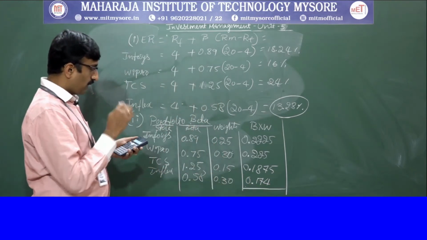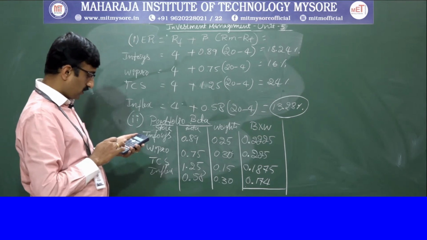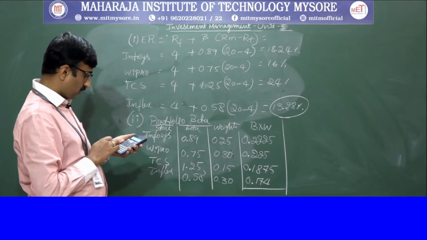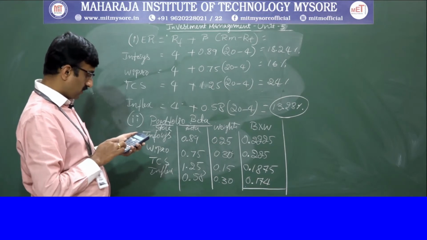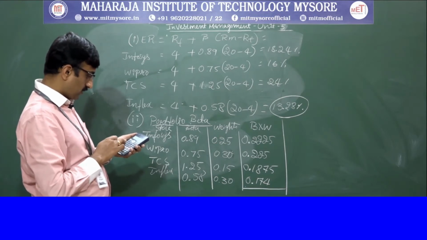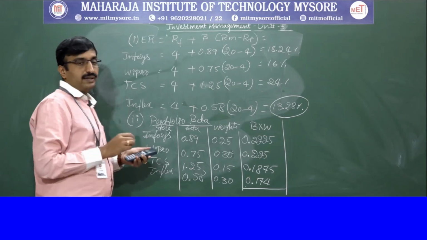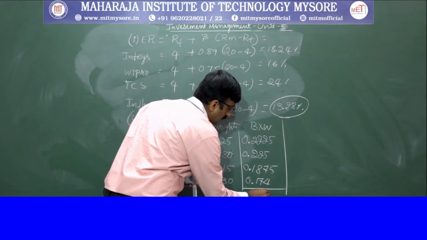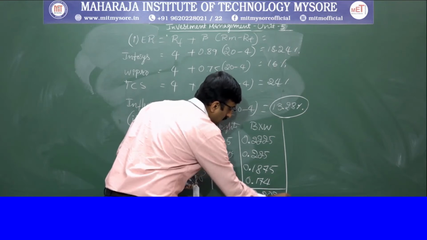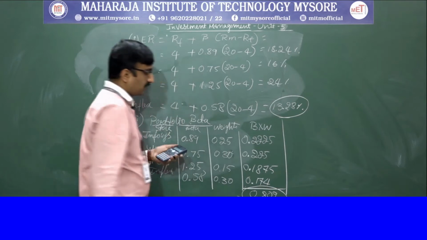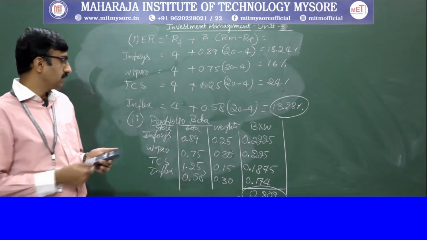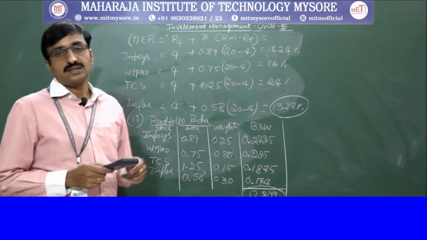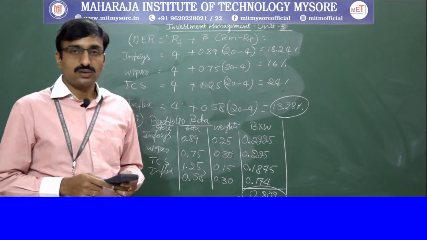Now add these: 0.225 plus 0.2225 plus 0.1875 plus 0.174. You will get 0.809. 0.809 is the portfolio beta. Got it? This is how we have to solve.